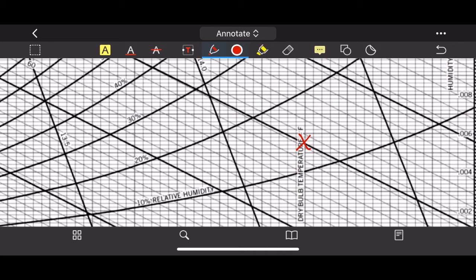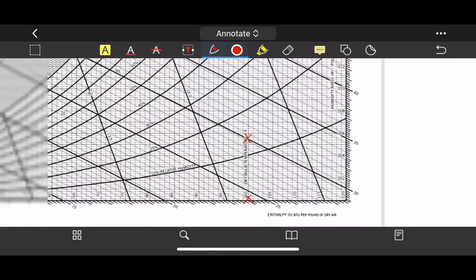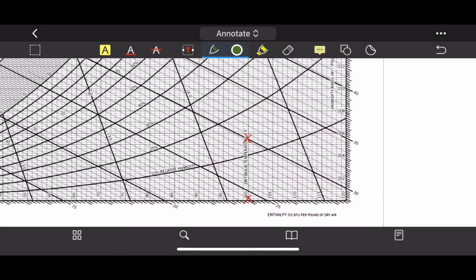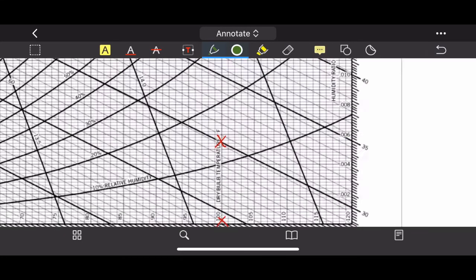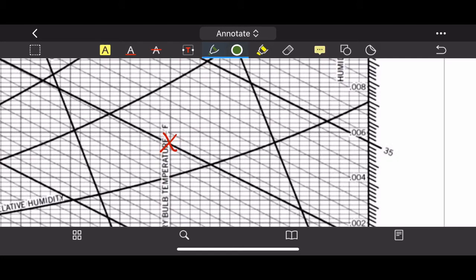Now the first is to find the humidity ratio. Let me take a green line. It's a horizontal line this way. So let me be as accurate as possible. Okay, so you can use your ruler and you can use your distance. For example, from here to here, what is the distance on your ruler?